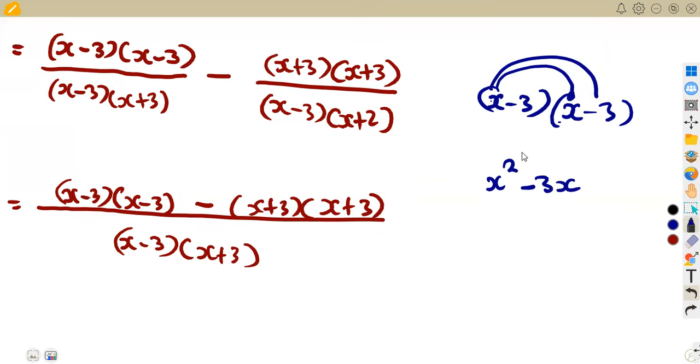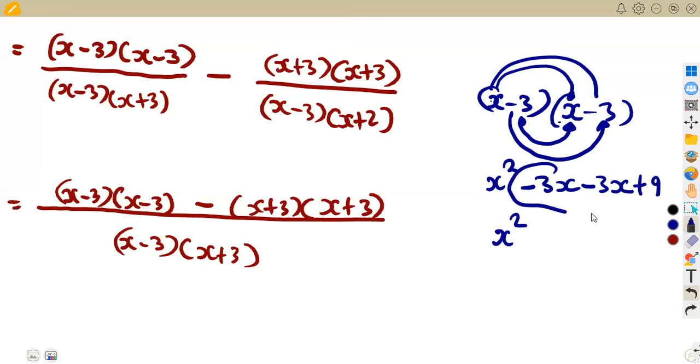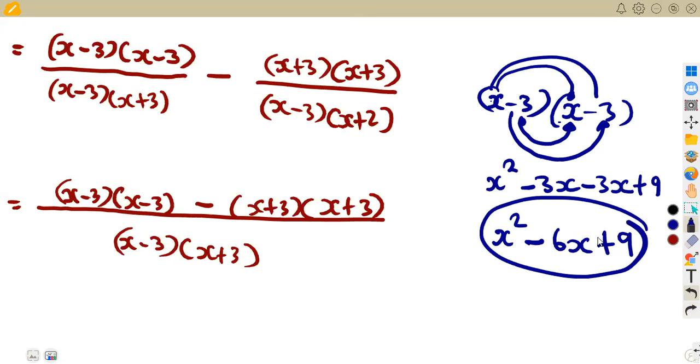We are done with x, you move on to negative 3. Negative 3 times x is negative 3x, negative 3 times negative 3 gives us a positive 9. So if we collect our like terms, minus 3x and minus 3x give us minus 6x, plus 9.